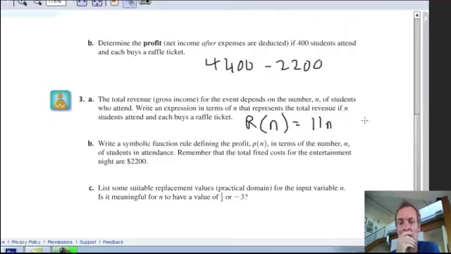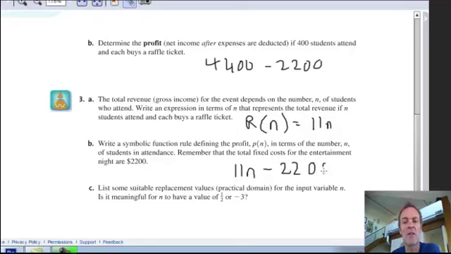Now the profit P(n) is going to be what you get in minus what you have to spend, which was the $2,200. Now that's fixed. So your profit is always going to be 11n, what you get in revenue, minus $2,200, which is what you always have to spend.